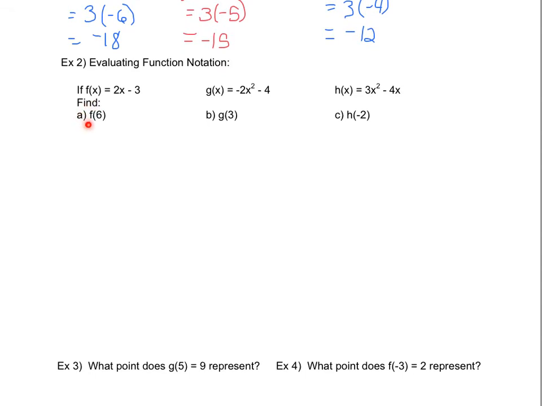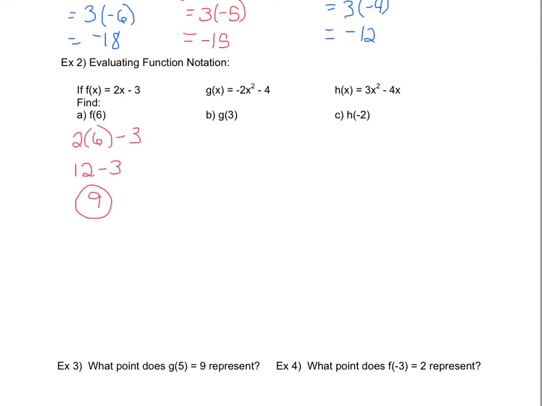This means go to the f function, so I'm going to ignore these two, go to the f function, and plug 6 in for my x's. This 6 is representing what my input or my independent variable should be. So I get 2 times 6 minus 3 is 12 minus 3, which is 9. So once I plug that 6 in, it is just order of operations.